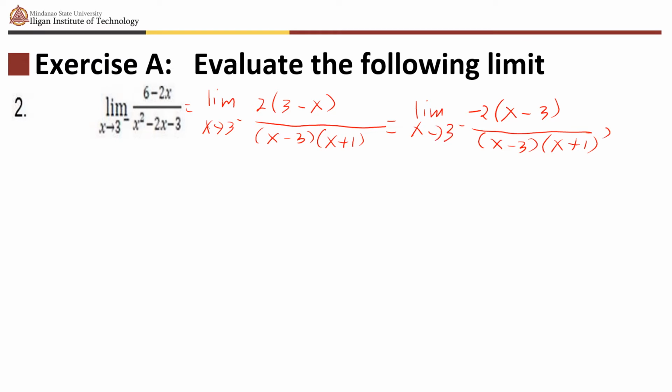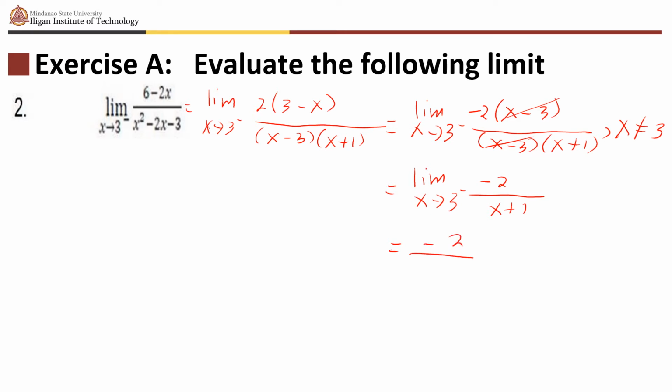And because x is just approaching 3, x is actually not equal to 3, so we can divide out x minus 3 with x minus 3. So the result will now be the limit of minus 2 all over x plus 1 as x approaches 3 from the left.